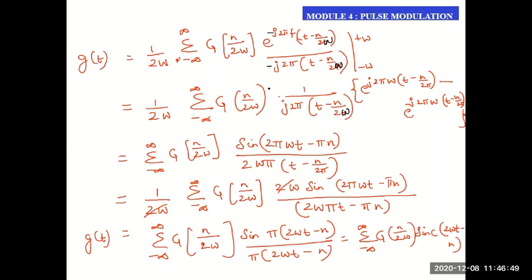The denominator is a constant. Let it come out. And the numerator, I should have e to the power of, I think this will be e power minus j 2 pi w into t minus n by 2w, minus of e to the power of plus j 2 pi w.